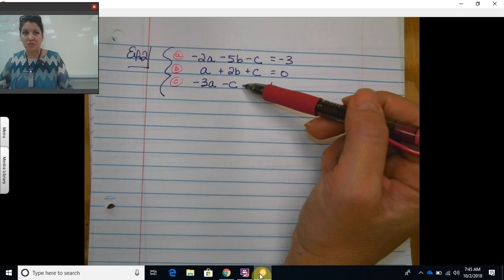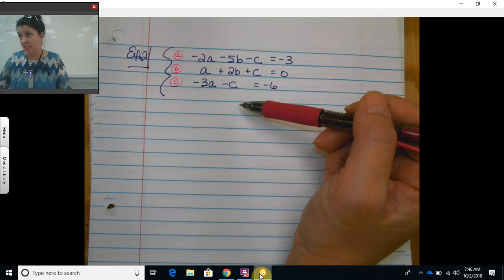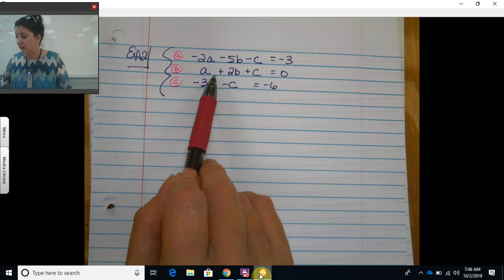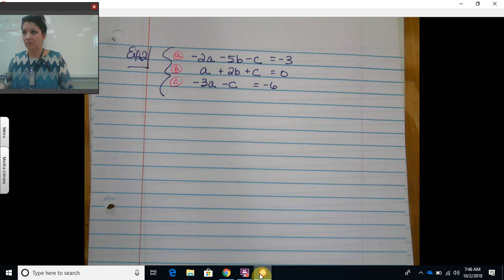So it's kind of like we'll be able to skip a step. Since this one's already missing the B term, we'll pair these together, eliminate the B, and I can pair it with equation C. So each problem is going to be different. If they don't all three have three variables, then don't get confused by it. It's actually easier and faster. You just got to think about what you're going to do to the other two equations.